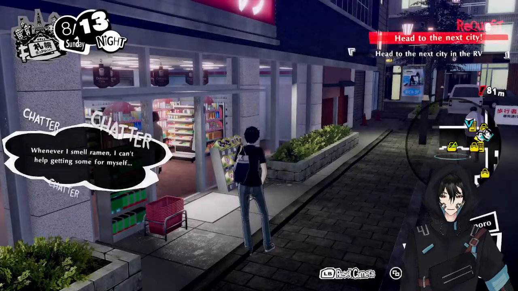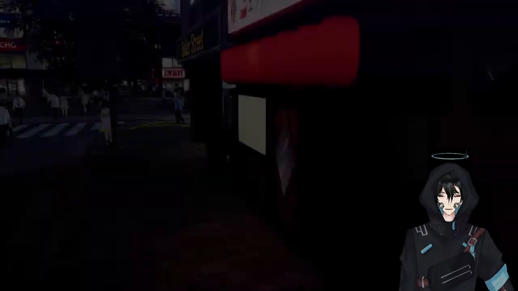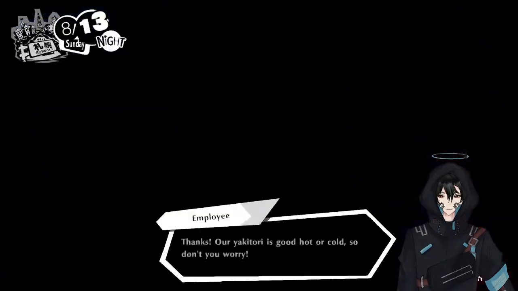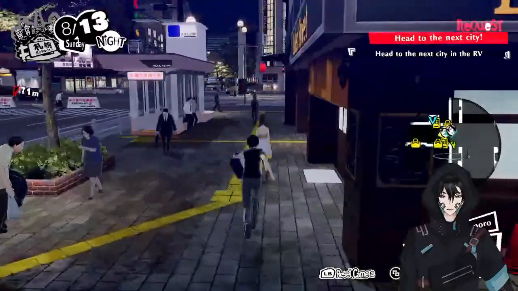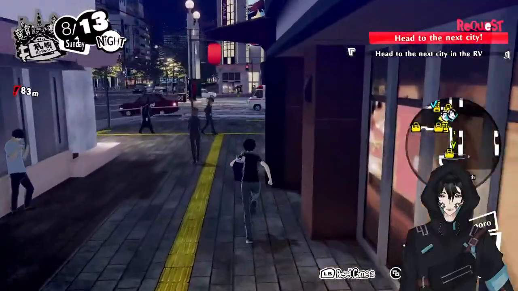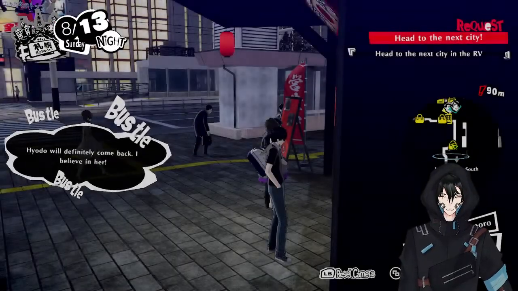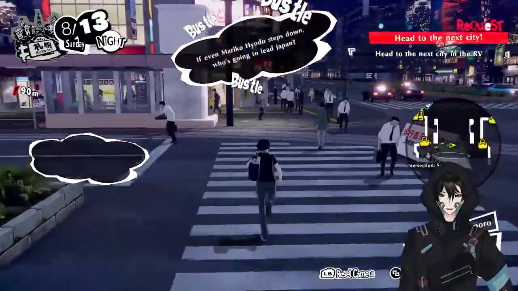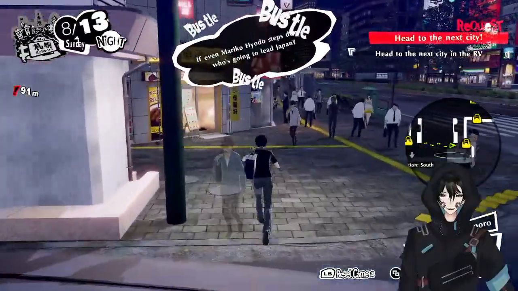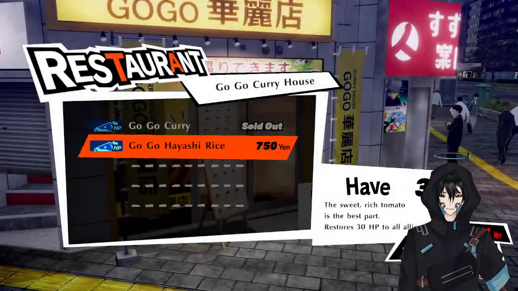Thank you very much. Yakitori. Thank you very much. Wish I could make some yakitori myself, but oh well. Running bar. Ambulance. Ikeshikata. The extra curry here, because why not? Extra resources are always good.